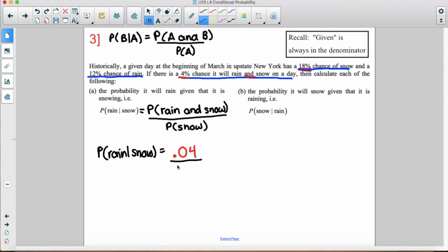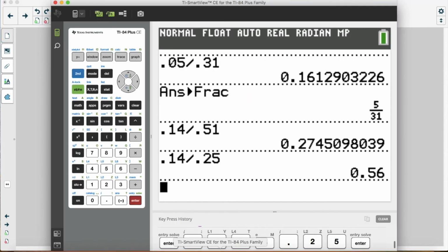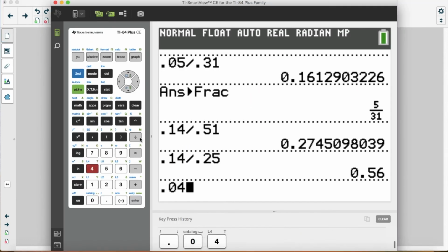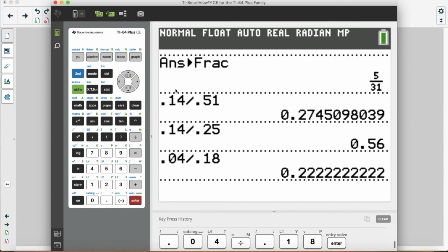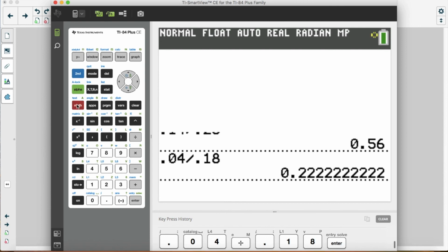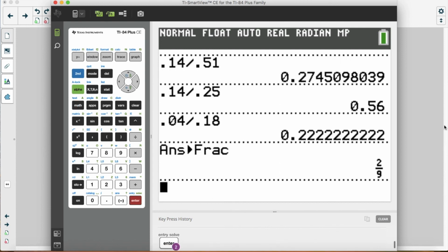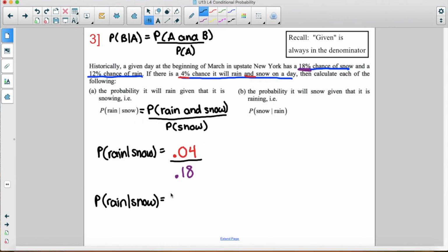Again, we don't like putting 18%, so we're going to change it to 0.18. And let's figure out what that is. So rain given snow is equal to 0.04 divided by 0.18, and we get 0.22222222. Since it's not a terminating decimal, change it to a fraction. So 2 over 9. So this is equal to 2 over 9.